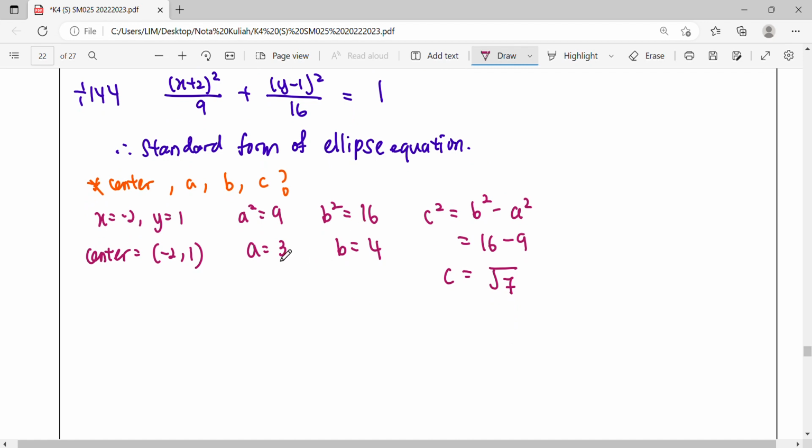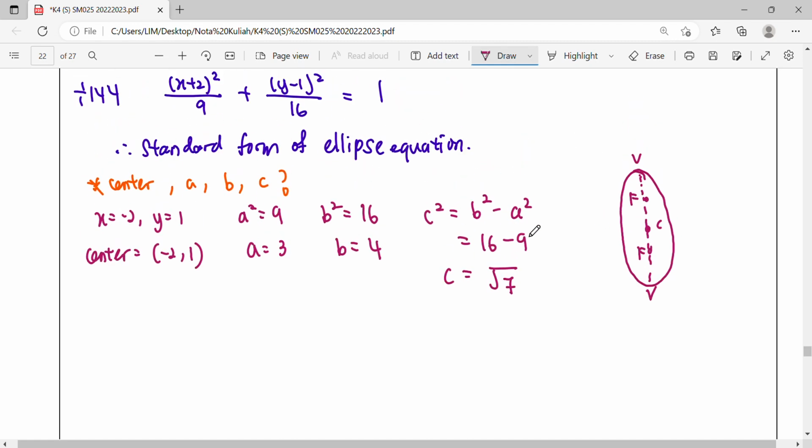Look at our a and b here. b is longer, y is longer than a. So this ellipse is vertical. Therefore, our vertices and focal points will be found going up and down.